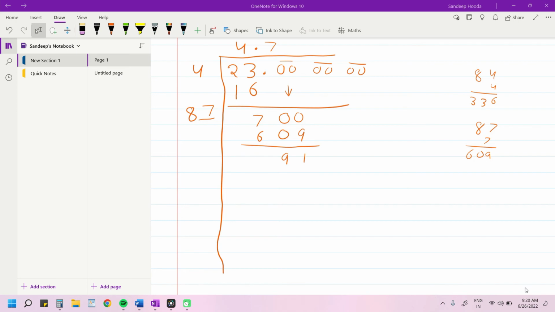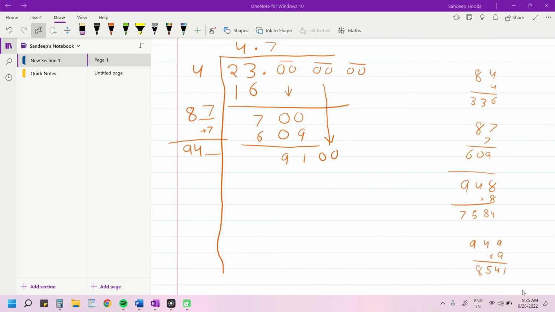Now we will add the most recent quotient to the divisor and we will add a dash to it. Now we will bring down another pair of zeros. Now we will have to find a number that will go in the dash place. The number should be such that when it is multiplied by the new divisor, it must be less than 9100.